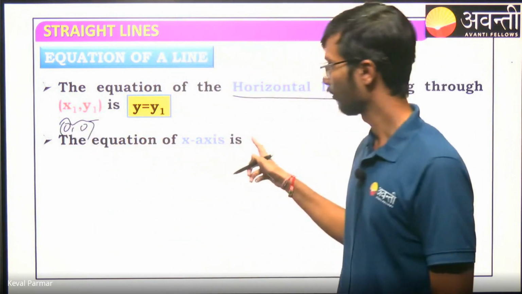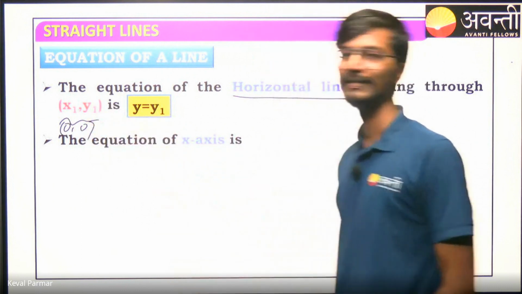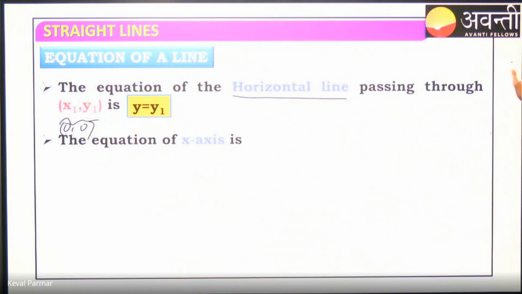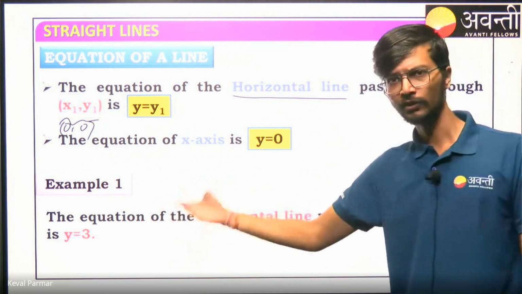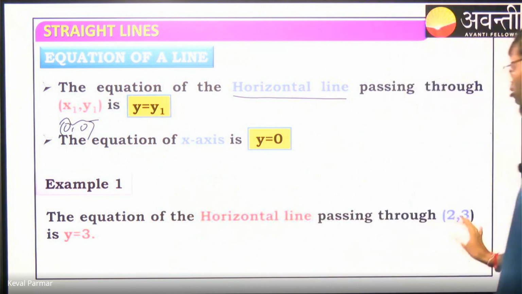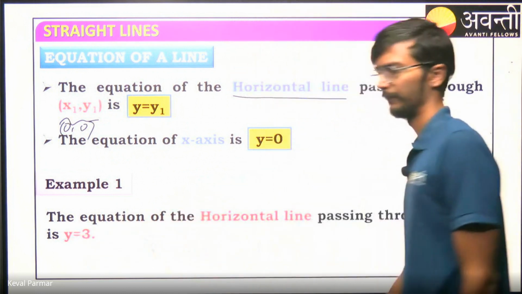So what will be the equation of the x-axis? It will be y equals 0. Similarly, you can say the equation of the y-axis. This is an example. Suppose the equation of a horizontal line which passes through the point 2 comma 3. That will be y equals 3.